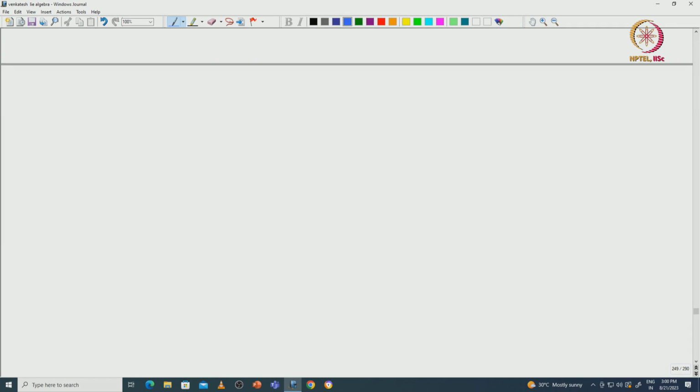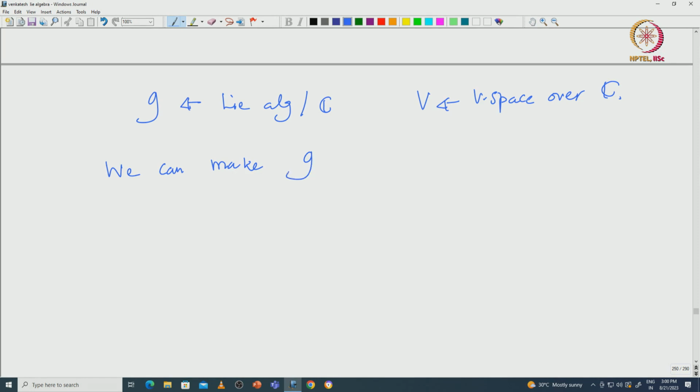So, there is a trivial representation for any Lie algebra. Okay. If you start with G, which is a Lie algebra, and let us say V is just a vector space over complex numbers, then we can make G act on V trivially.